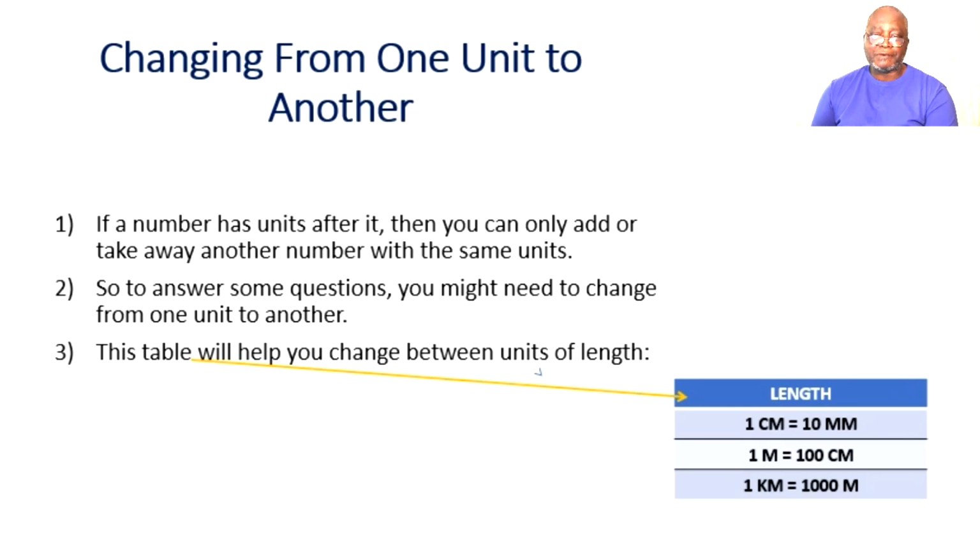And 1 kilometer is equal to 1,000 meters. Remember, in my previous lesson I told you that kilo means 1,000. Okay, let's look at point 2. So to answer some questions, you might need to change from one unit to another. This table will help you to change between units of lengths.